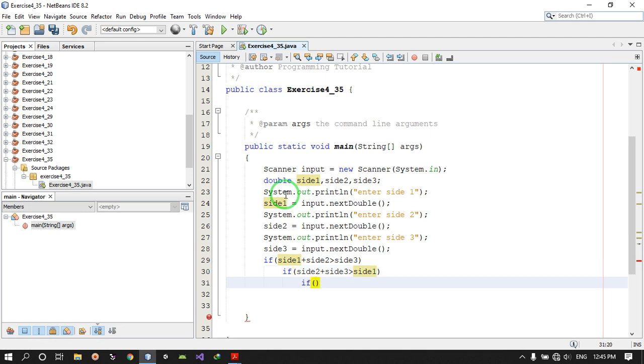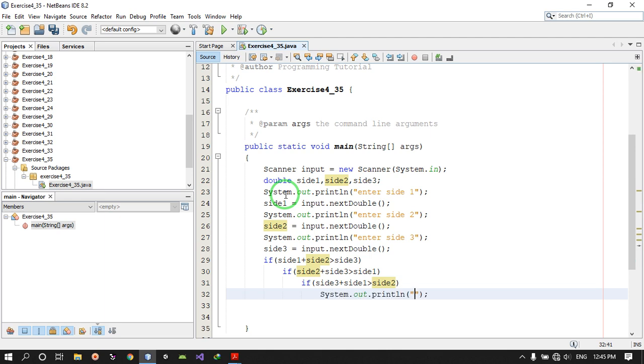if side 3 plus side 1 greater than side 2, then this can be a triangle.